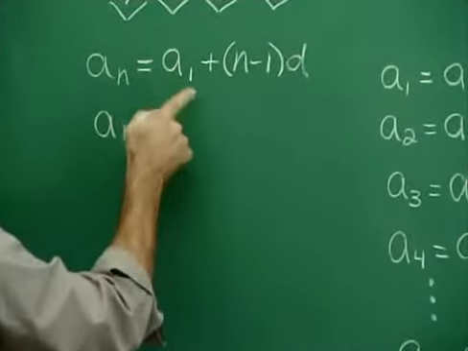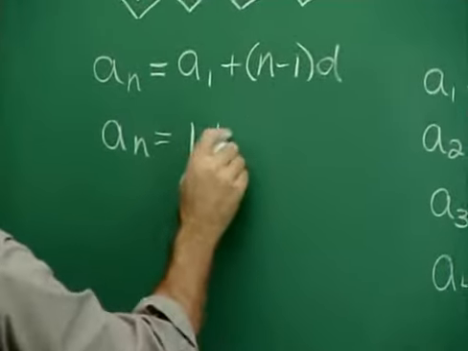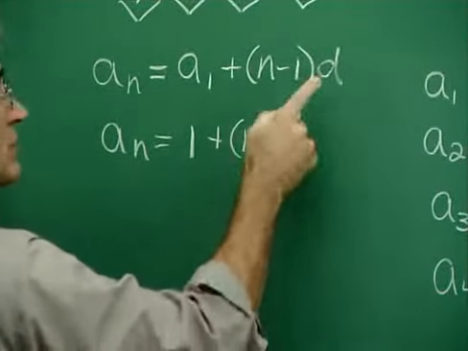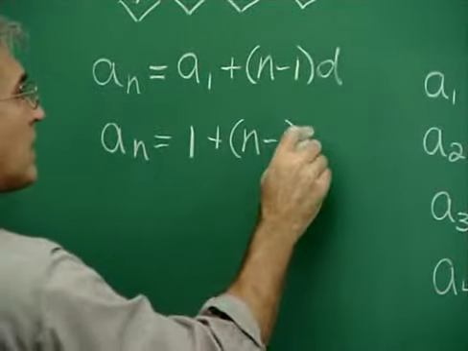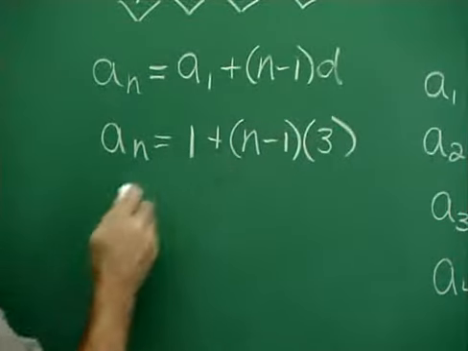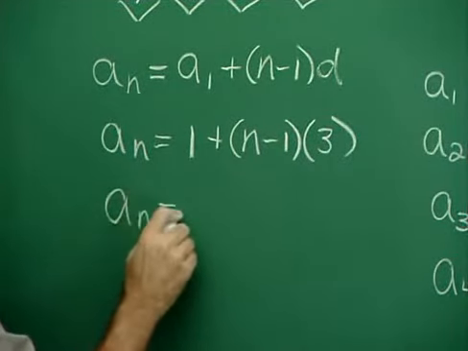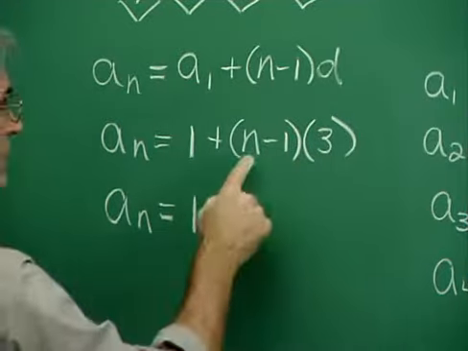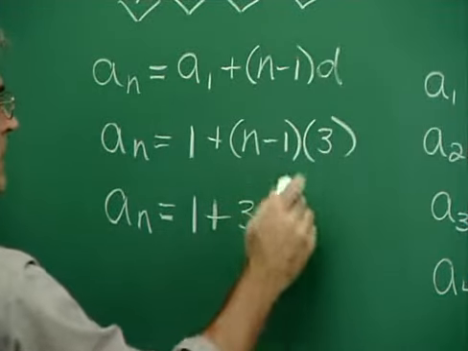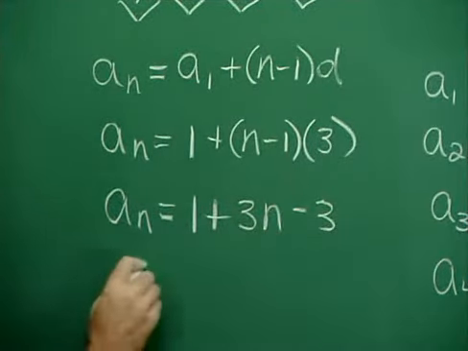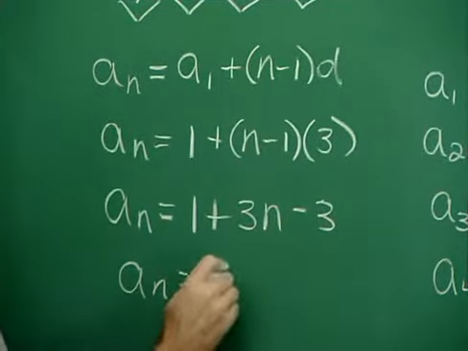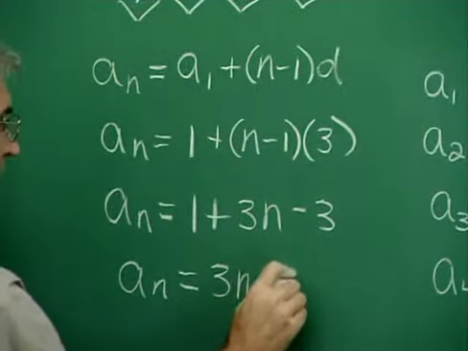For this sequence, A sub 1 is 1. And we have n minus 1 differences, but the common difference we know to be 3. And now just evaluate this expression. And we have 1 plus, let's see, 3 times n, 3n. 3 times negative 1, negative 3. And collecting here, we find A sub n to be 3n minus 2.